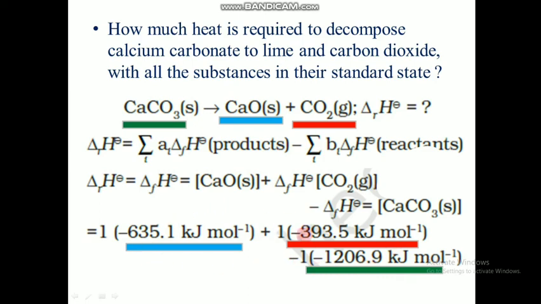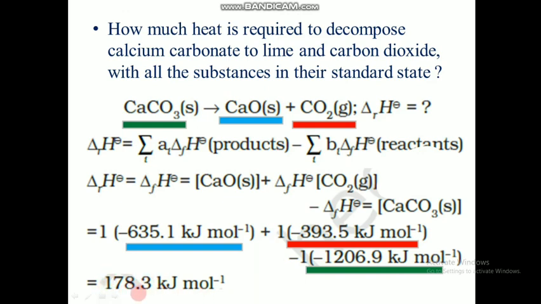So after the calculation we will get the value of 178.3 kilojoules per mole, because after this the negative and negative will become a positive value. So negative 635 plus negative 393 plus 1206 will give us this value, positive 178.3.